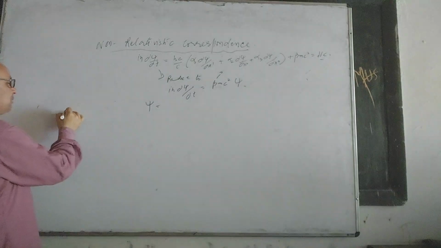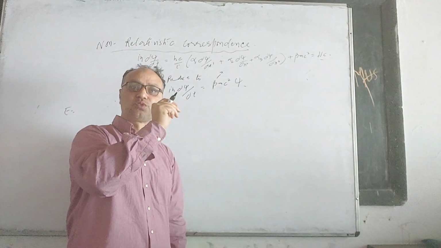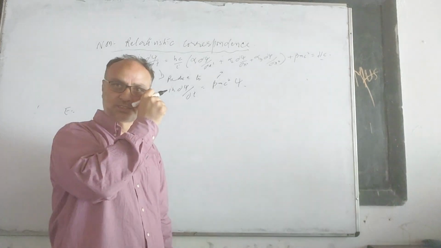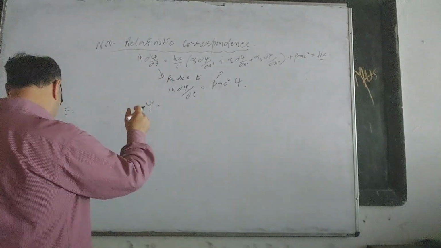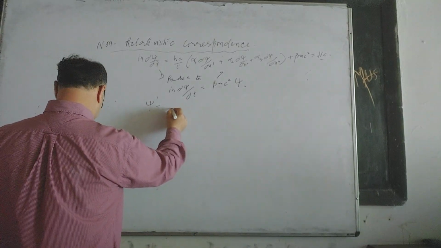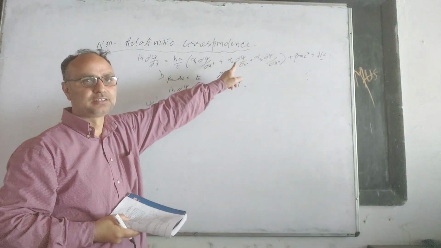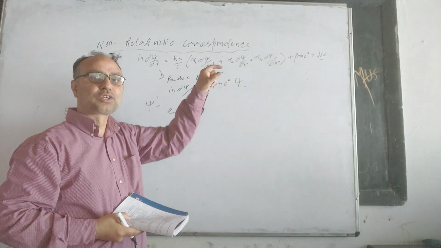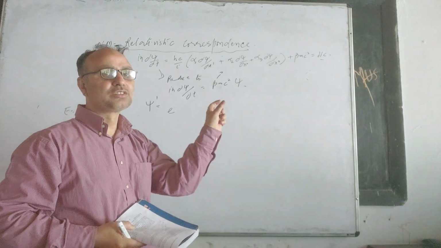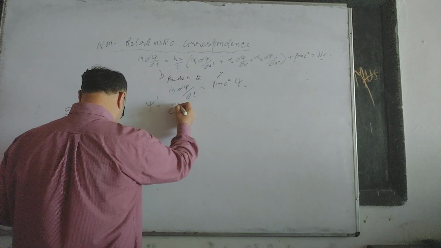Basically E square is equal to m0 square c to the fourth, so it will be plus minus. If you assume the solutions, since we have these 4x4 matrices, in the column form it can be like this.